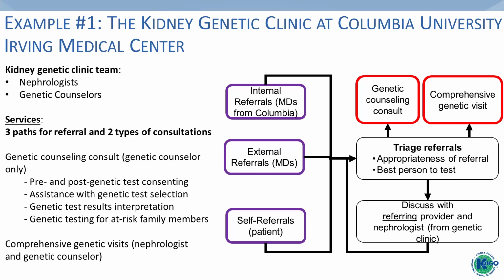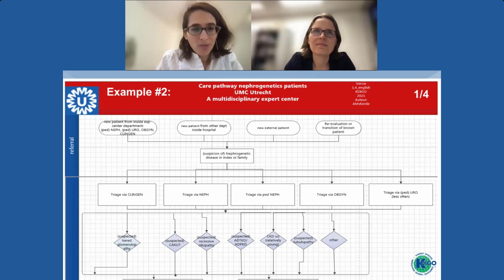External MDs can also refer either through our email or phone, or we have a web page where they can refer their patients. And patients can also refer themselves, what we call self-referral. They do not have to have a physician referring them to see us. That was our brief description, and I think it's interesting to compare it to what Albertien will present next.